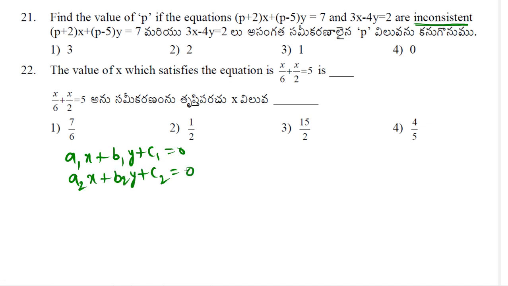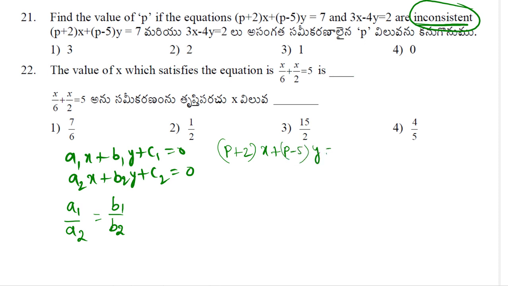Then when can we get inconsistent? Inconsistent means the equations have no solution. No solution means if a1 by a2 equal to b1 by b2, then we will get inconsistent solutions. So here in the given equations, p plus 2 times x plus p minus 5 times y equal to 7 and 3x minus 4y equal to 2. These are the two equations we have.